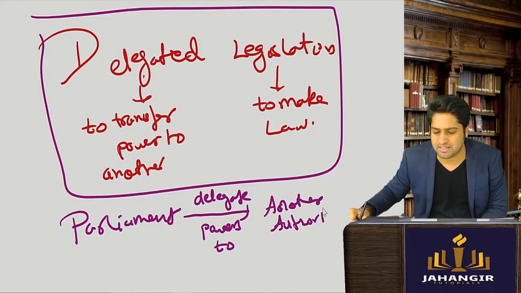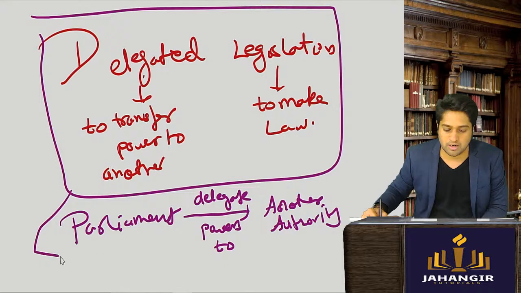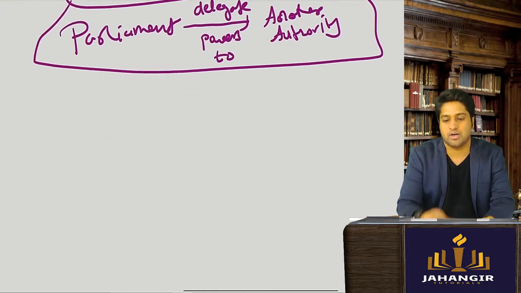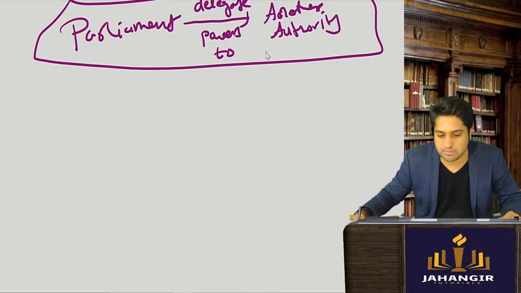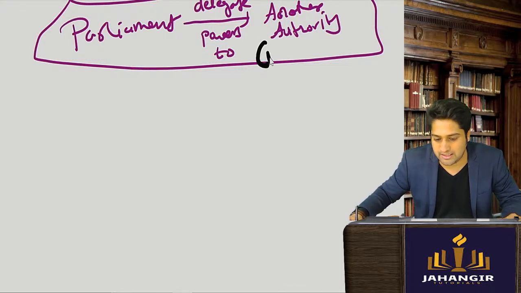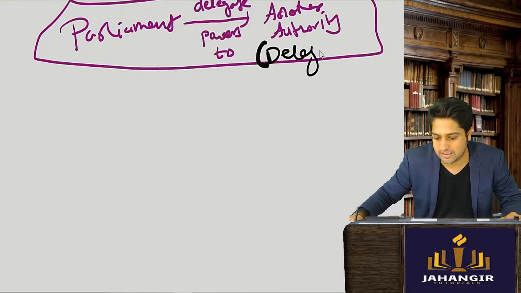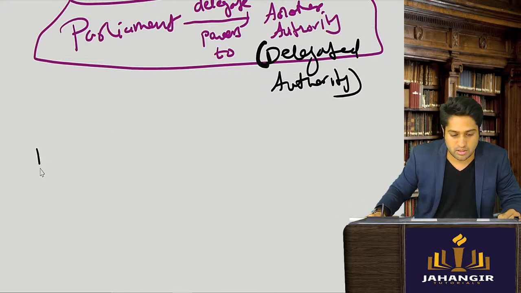because parliament doesn't have time to make all the small little laws and details. So this will be called the delegated authority, to whom the powers have been delegated.